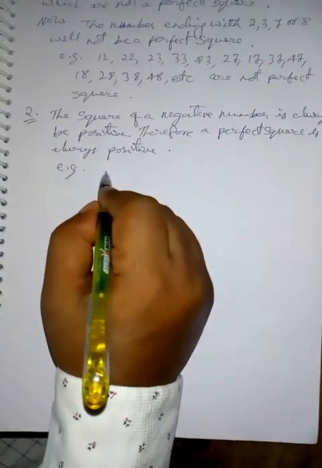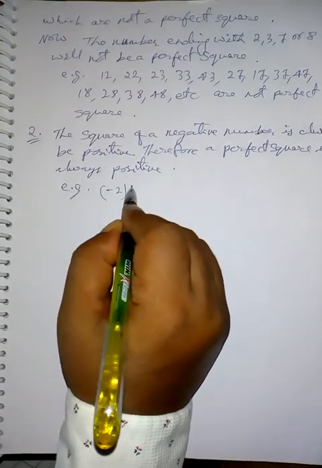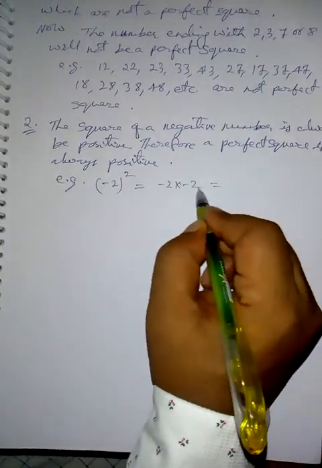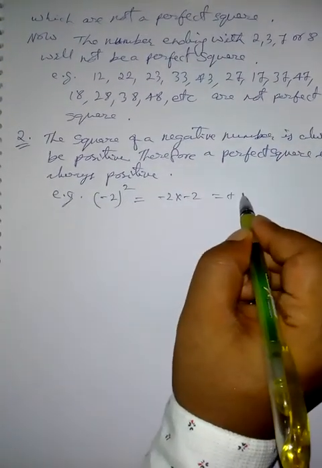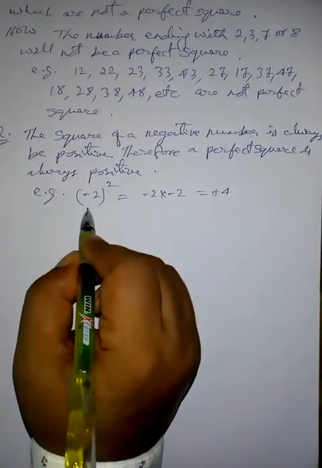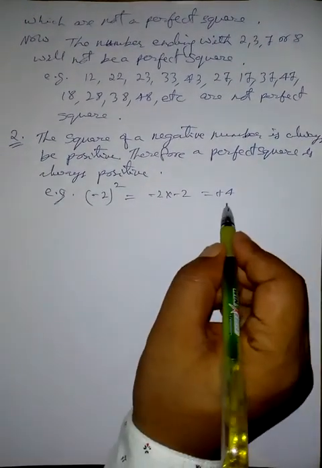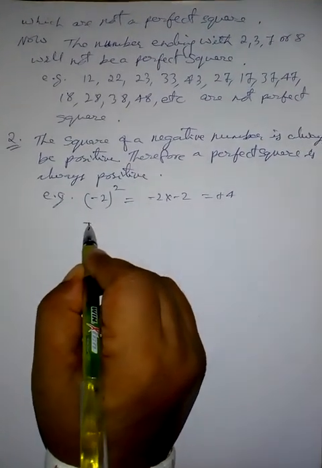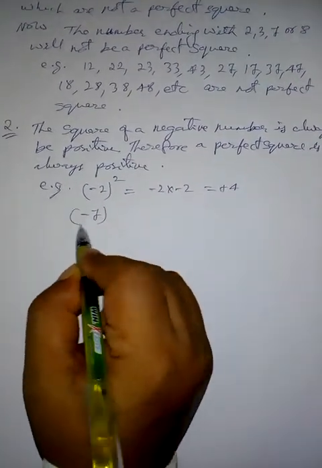Here, for example, we can see a negative number, say minus 2. The square of minus 2 will be minus 2 into minus 2, and minus into minus is plus, 2 into 2 is 4. So the square of a negative number will be positive. Another example, minus 7.